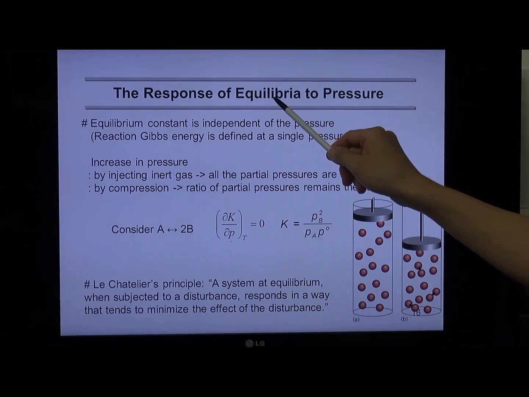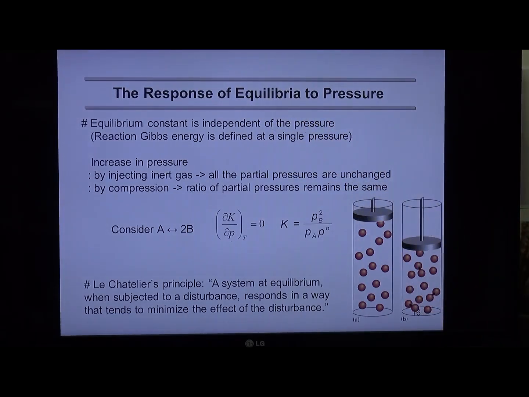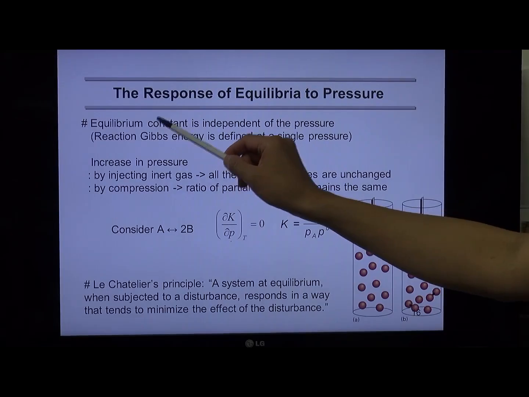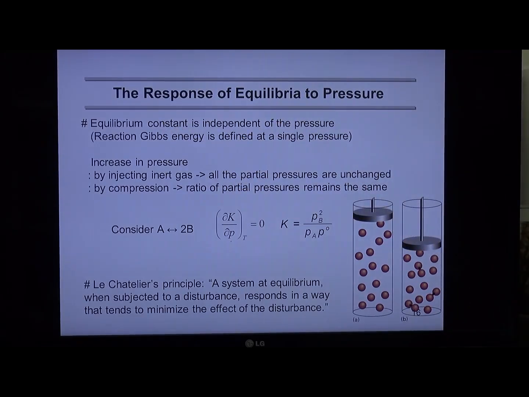The response of equilibrium: equilibrium changes if something happens to the chemical reaction at equilibrium, right? Pressure, temperature, or concentrations. But one important fact is that the equilibrium constant K only depends on temperature.